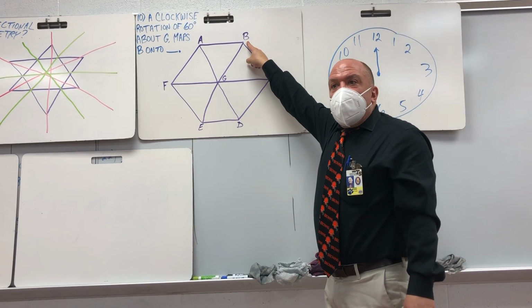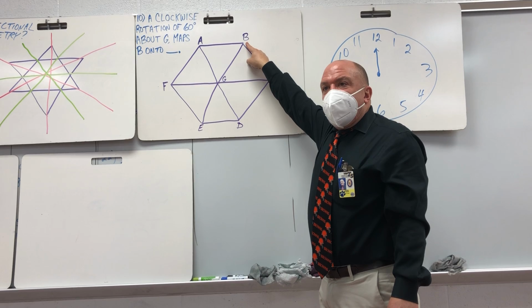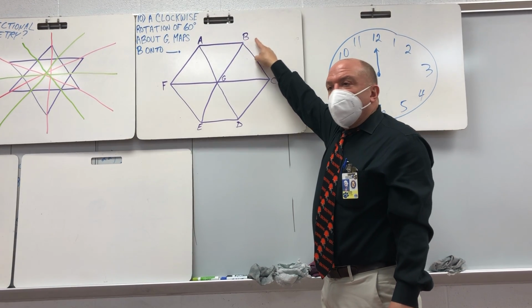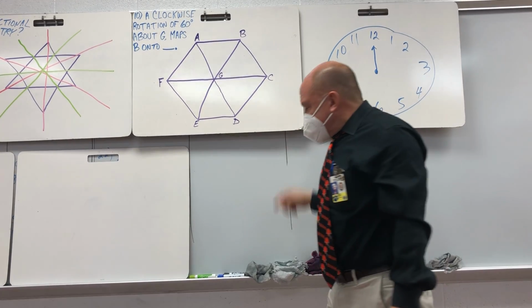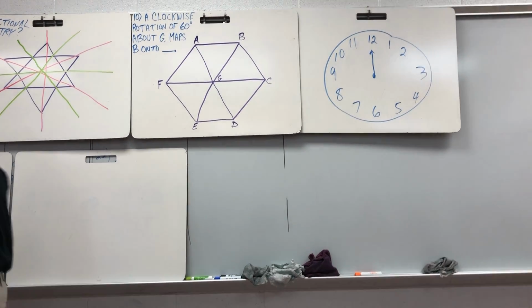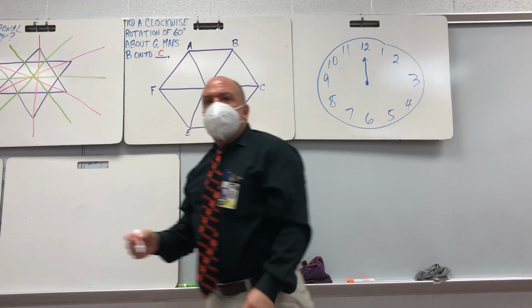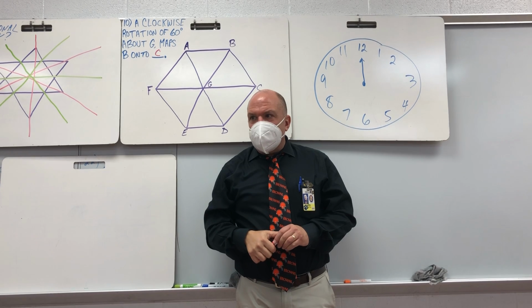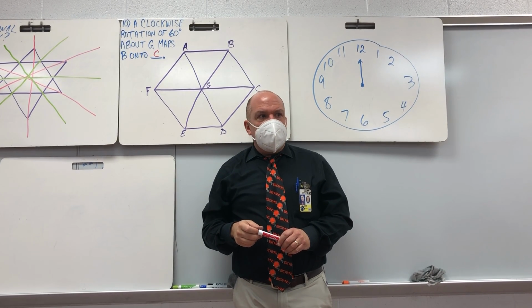Where will B wind up after 60 degrees? C. The answer is just C. Okay? Maps onto C. Does that make sense?